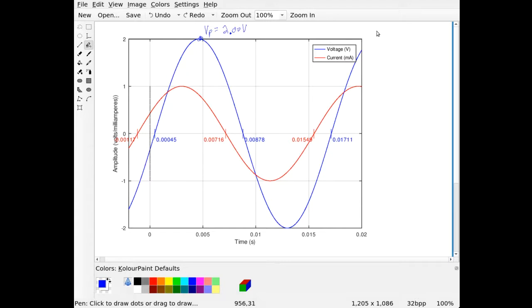Remember, for a time domain representation, we have a voltage V, and this is supposed to be a T here.